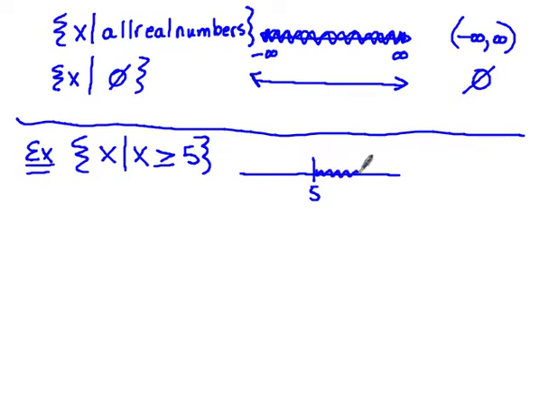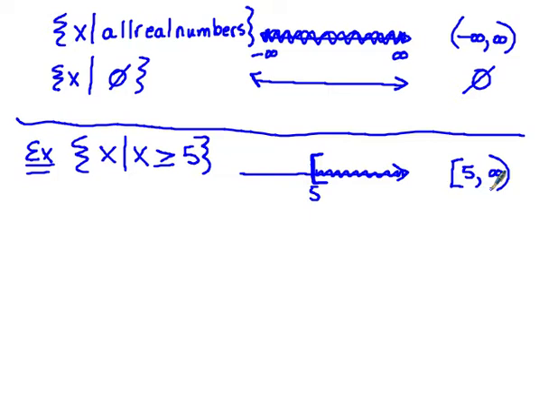So I'm going to shade to the right of 5. And because it's greater than or equal to, the 5 is going to get a bracket. And if I want to do interval notation for that, real simple, it's going to be a bracket on the 5, and it goes to infinity with a parentheses. It's like reading from left to right. When you read a book, you read left to right. So when you read a graph, it's left to right. And when you read interval notation, it's from left to right.